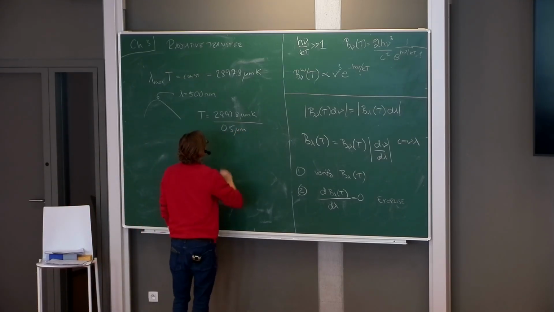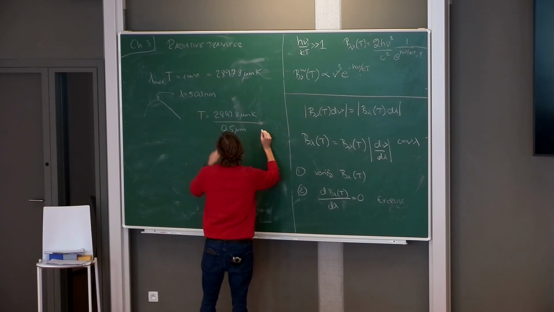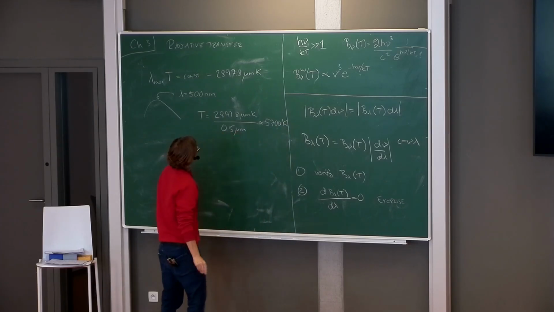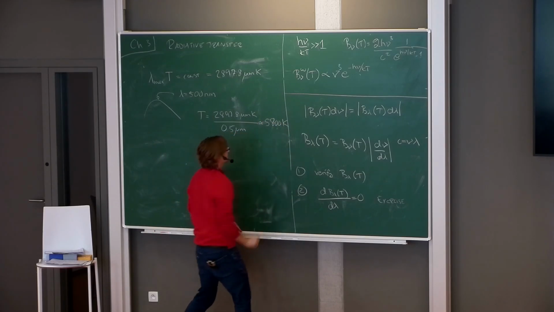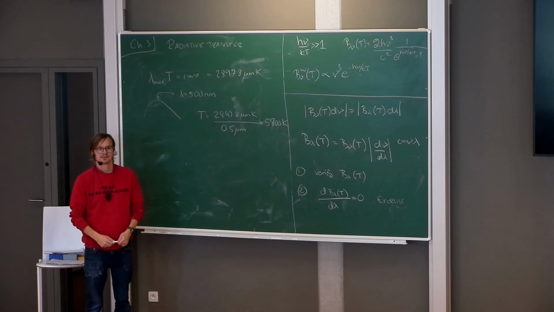So this is going to be on the order of 5,700 Kelvin. Well, this is 900, so 5,800 Kelvin, okay? Can we tell an object that might have a surface temperature of roughly 5,800 Kelvin? The Sun. And where's the peak wavelength of the Sun, the emitted spectrum?